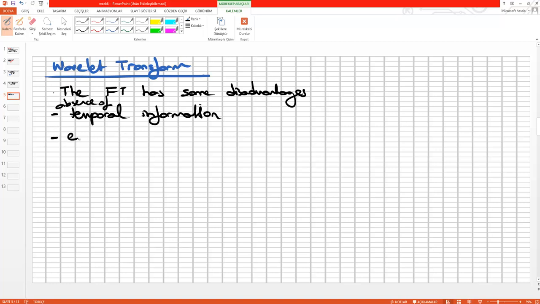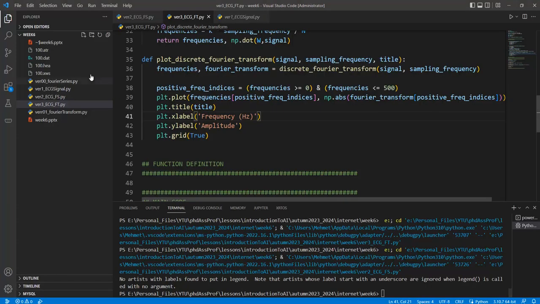And it's entirely dependent on one basis function. Basis function means the convolution function. But in the CNN application, we can define 10 different kernels with learnable parameters. These are the disadvantages of these things. But what about the temporal information?